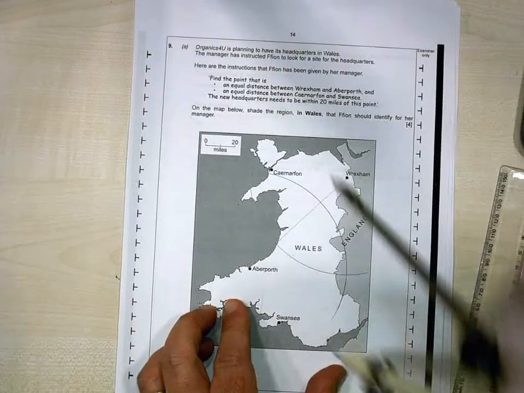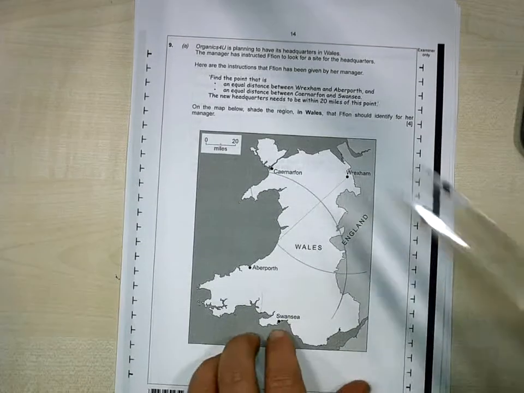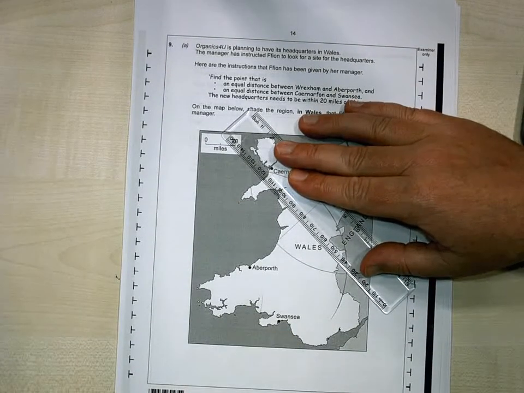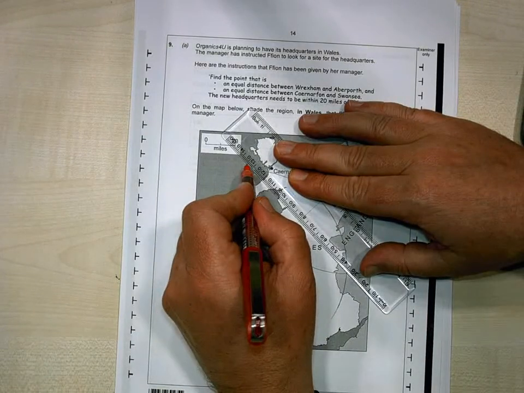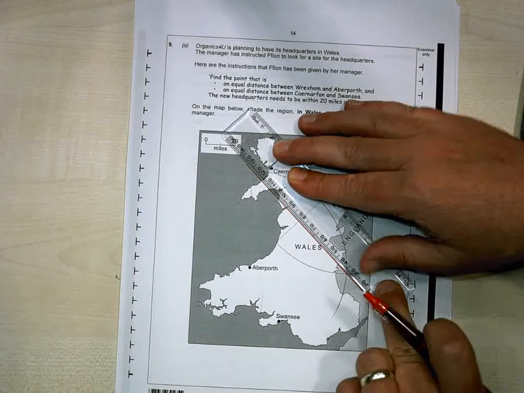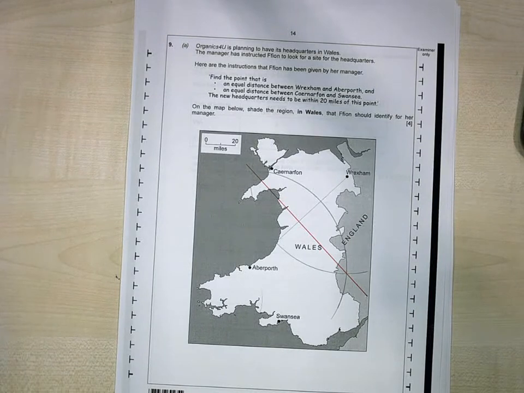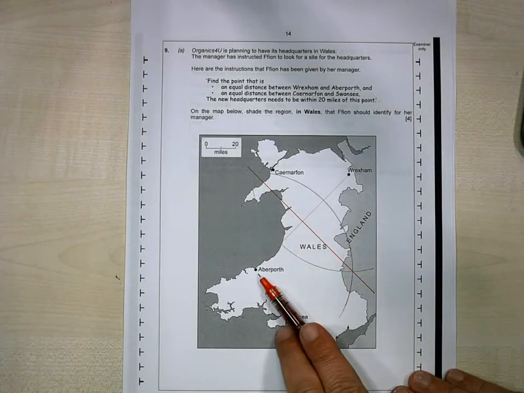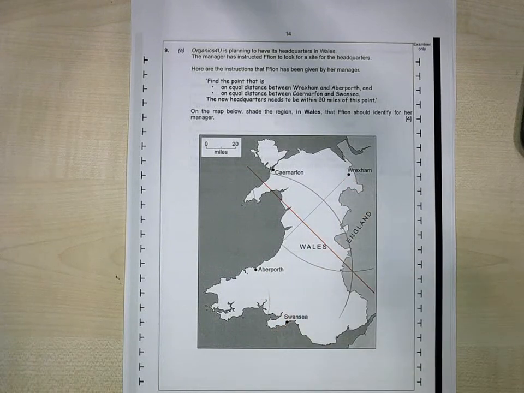Like that. And then you join a line through that intersection. Everywhere on that line is exactly the same distance from Aberporth as it is from Wrexham.